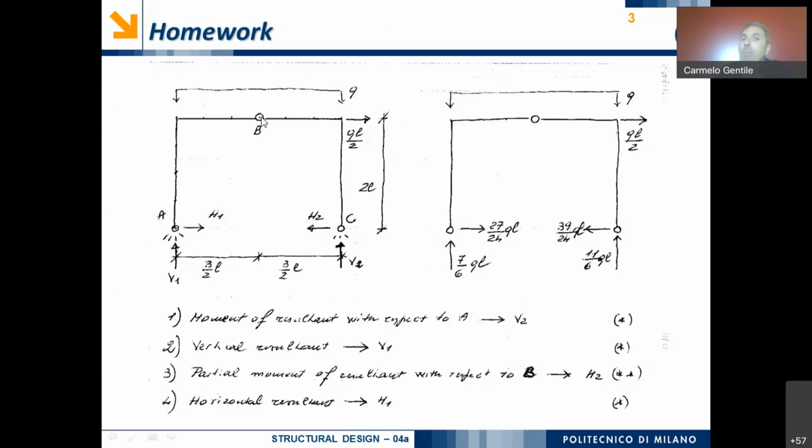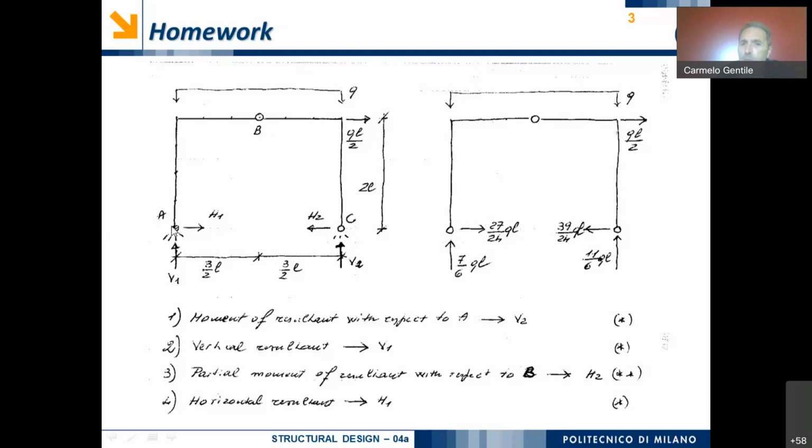Since in point B there is an internal hinge, this means that the bending moment resultant on beam BC should be equal to 0.